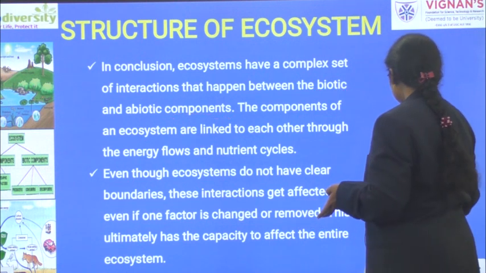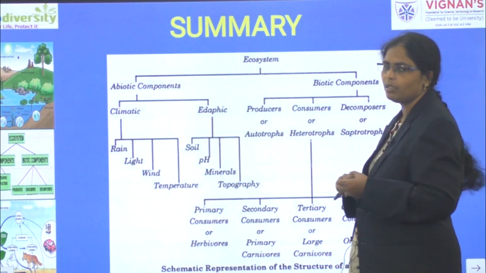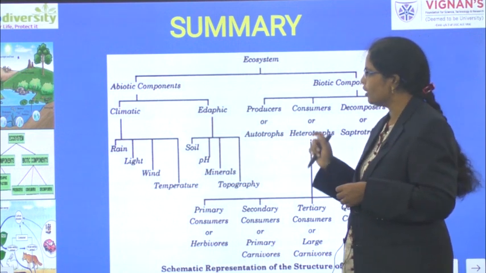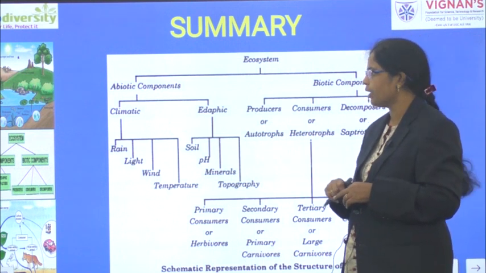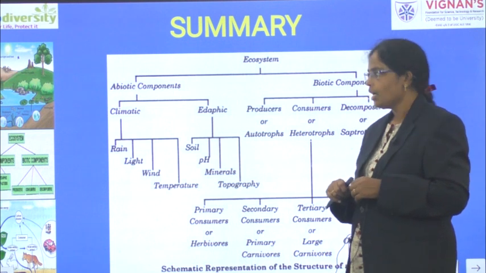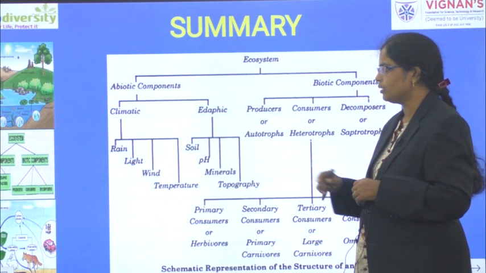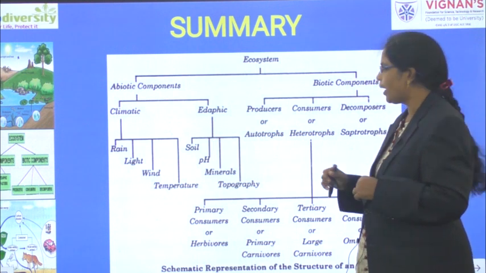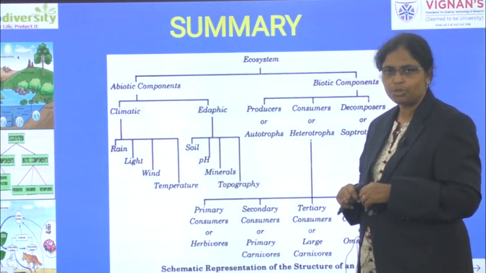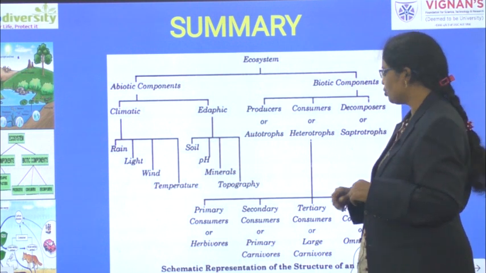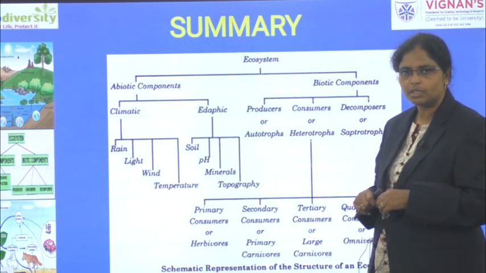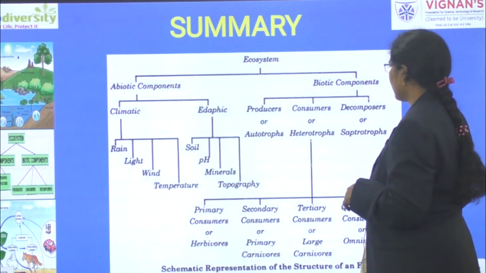The summary of this topic is that the structural components of the ecosystem are classified into abiotic components and biotic components. Abiotic components are climatic factors and edaphic factors. Biotic components are producers, consumers and decomposers. Consumers are again primary, secondary, tertiary and quaternary consumers.